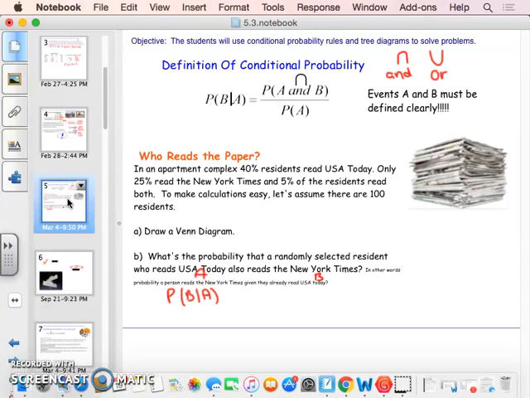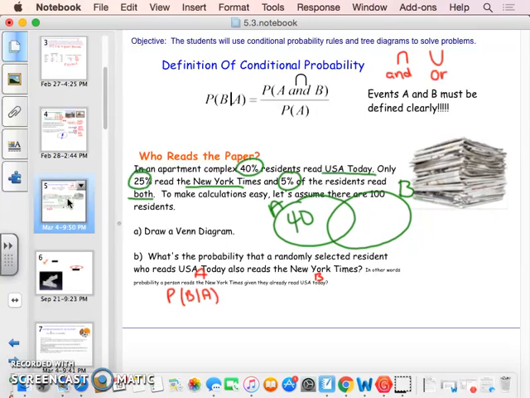And so in this situation, we've got an apartment complex where 40% of the residents read USA Today, 25% read the New York Times, and 5% actually read both. Okay? So there's going to be 100 residents. So we're going to go ahead and draw our Venn diagram. We'll call USA Today event A, and the New York Times event B. So 25 out of 100 read the New York Times, and then we know that 5 are on the inside here.